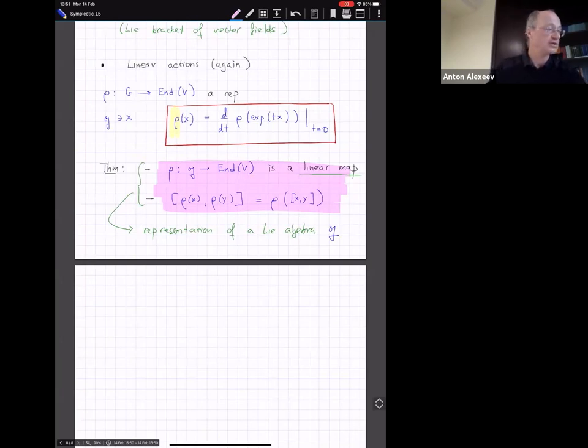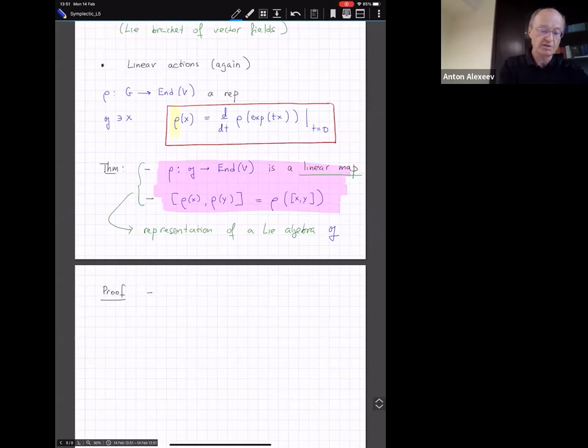All right, so let me try to show you some elements of the proof. First of all, even though it sounds obvious, to me it doesn't sound obvious that this is a linear map. So let's prove that this is actually a linear map.